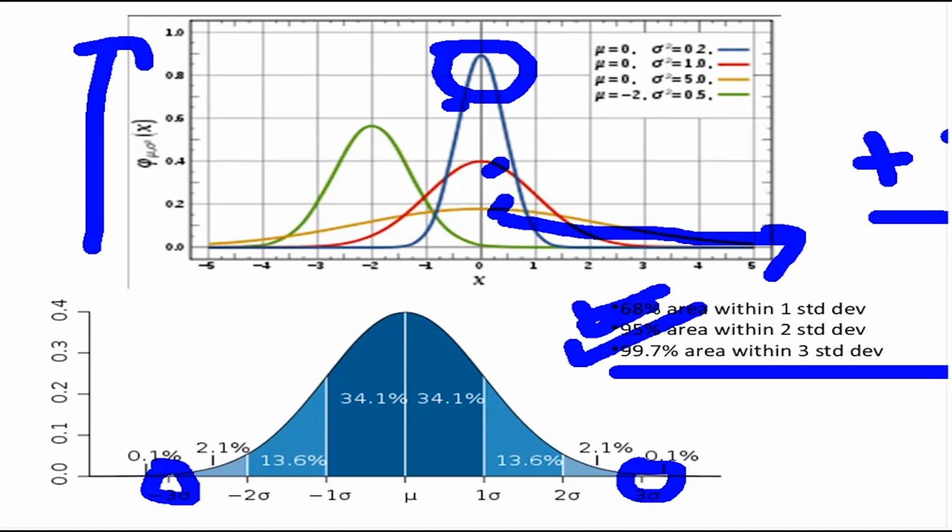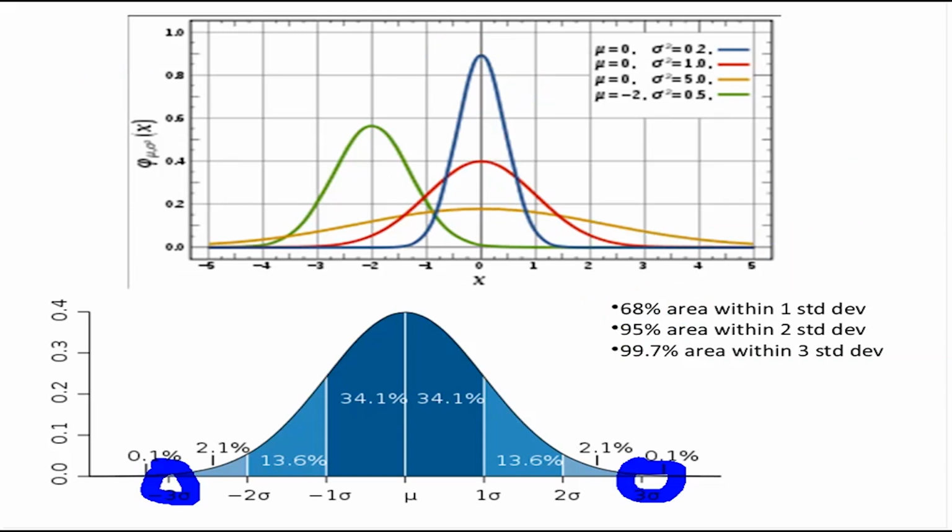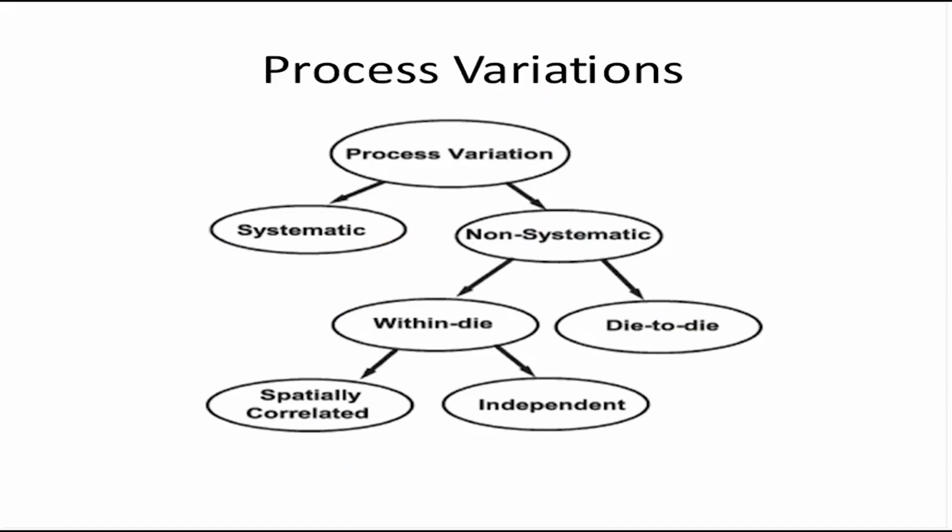Now let's talk about process variations. How many types are there, and what do we model, and how? Process variations are of two types: systematic and non-systematic. Systematic ones are problems in the fabrication.